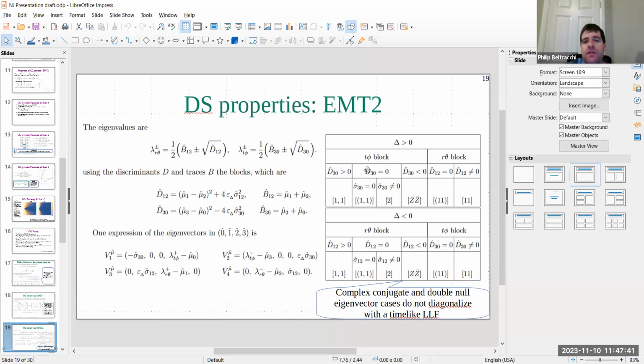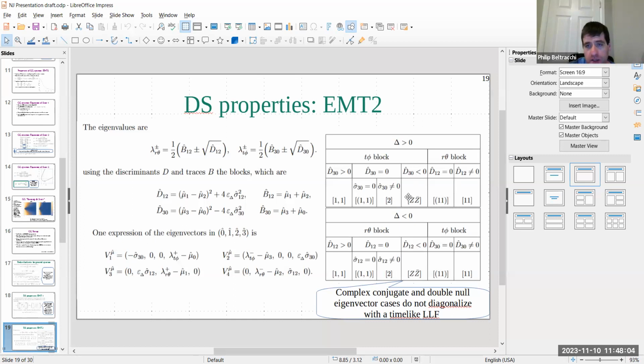If the discriminant is 0 and the off-diagonal term is not 0, in this case we have degenerate eigenvalues but a double null eigenvector. This is called 2 in Segre notation. If the discriminant is less than 0, we have a pair of complex conjugates as our eigenvalues.